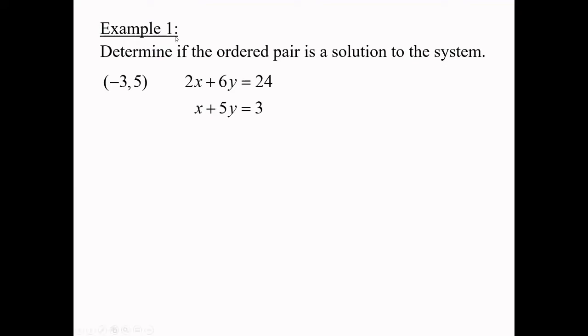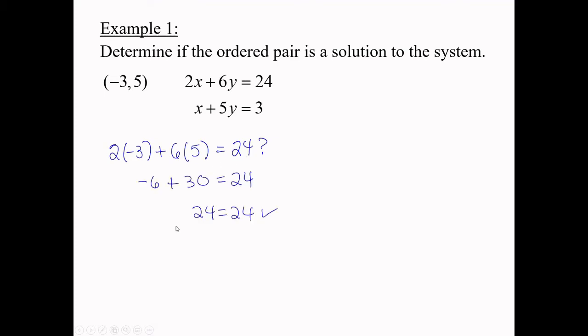Now, consider this ordered pair. We want to determine, is this a solution to that? Well, what we do is one at a time we take the X value and put it in here and put the Y value in this equation and see if indeed it's equal to 24. Well, it is.